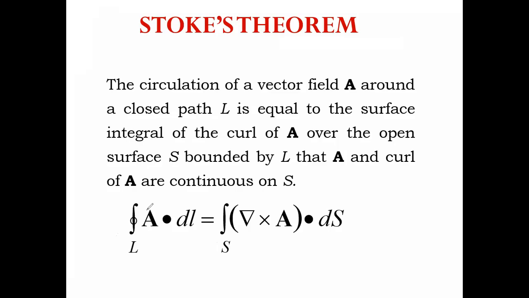Line integral of a vector, it may be A, B, any vector, over a closed path is equal to the surface integral of the curl of the vector. You first take the curl, then take its surface integral. So surface integral of the curl of the vector over the open surface bounded by the closed path. This is the total and exact statement of Stokes theorem.